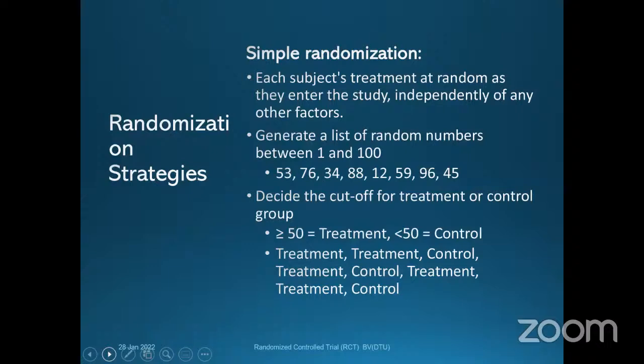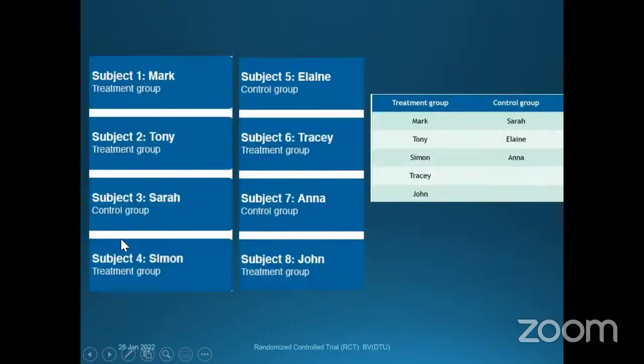So you can see that the numbers above 50, that is 53 and 76, are going to treatment, 34 going to control, 88 to treatment, 12 going to control, like that. This is one strategy of simple randomization.